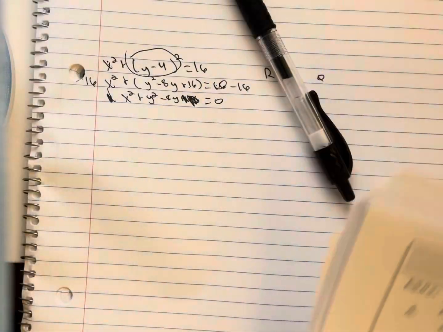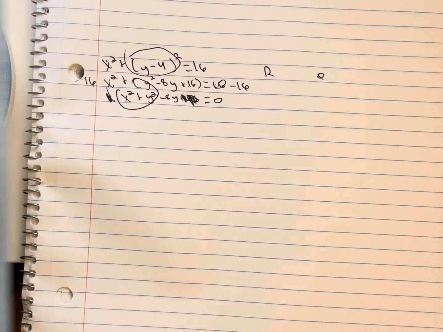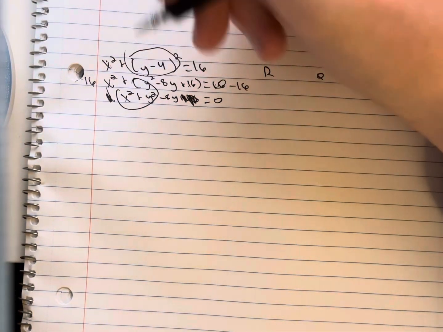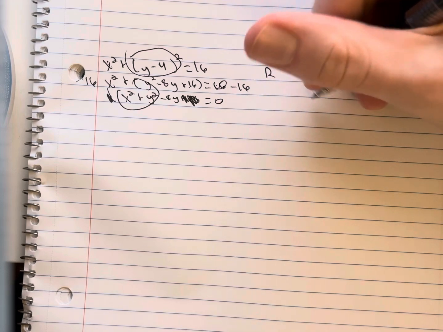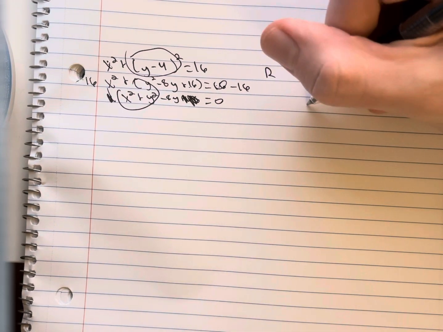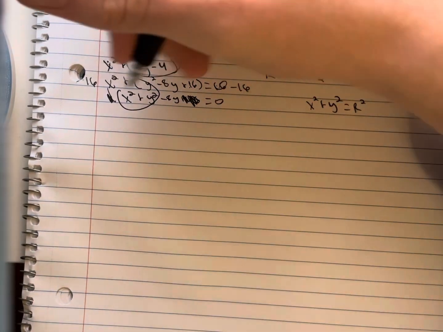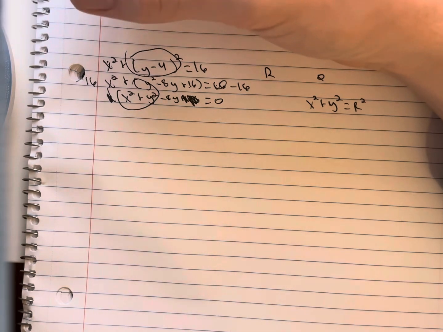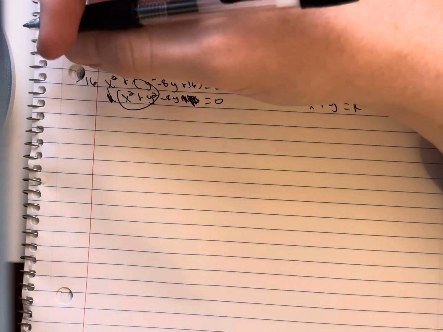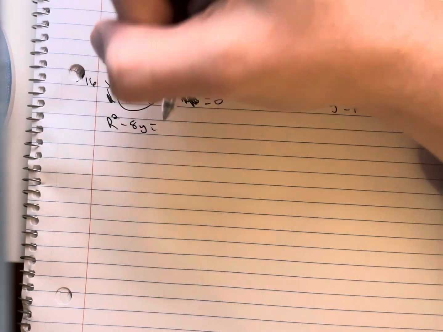Well, let's look at this equation. What do we have right here? x squared plus y squared. So, just like we did yesterday with our polar equations and proving identities, if x squared plus y squared equals r squared, then we can just sub in r squared right in here in this equation. So r squared minus 8y equals 0.